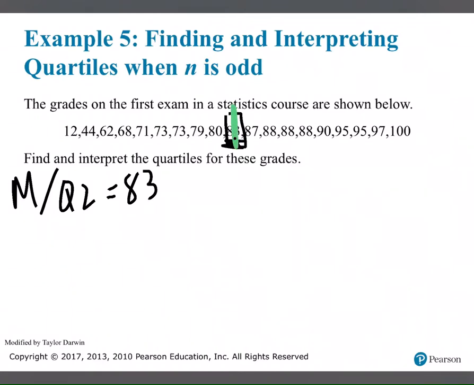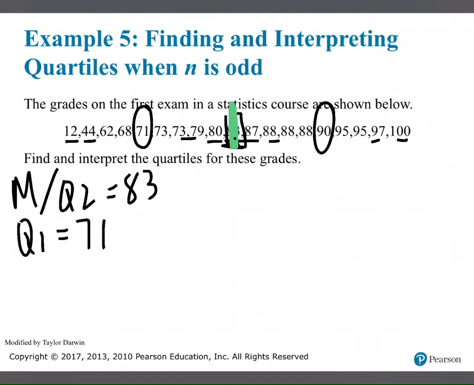Once you have that median, you basically ignore it, and now find the middle number of the lower half. So we go through, 1, 1, 2, 2, and so on, until we find that Q1, which is 71. Same thing with the upper half, until we find that Q3, which is 90.